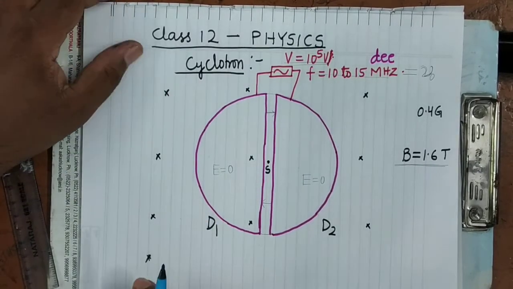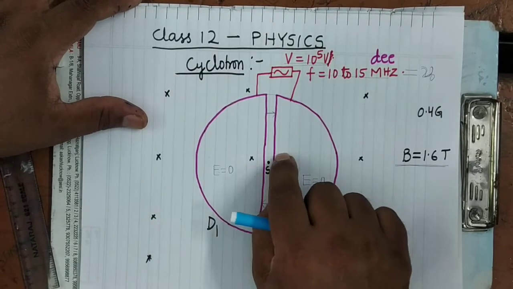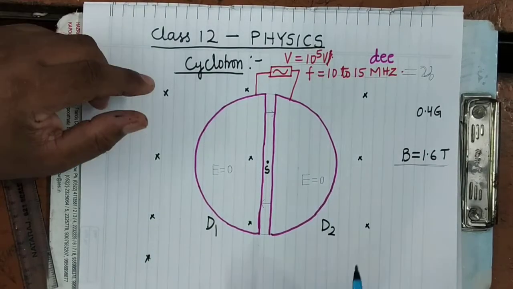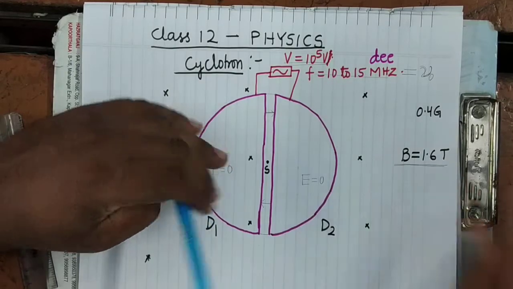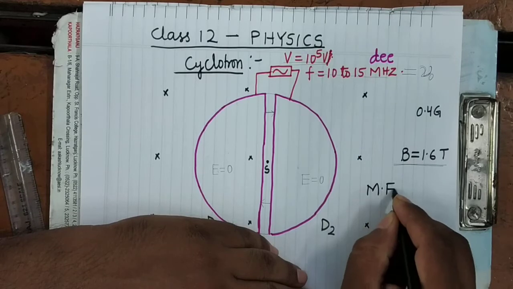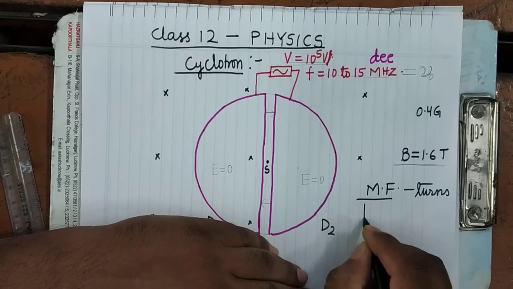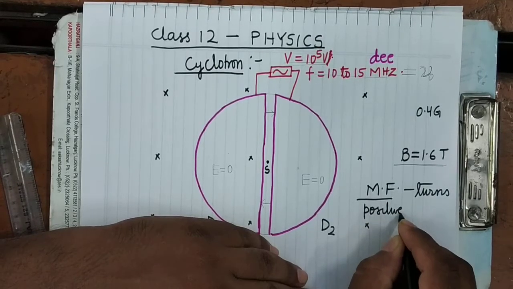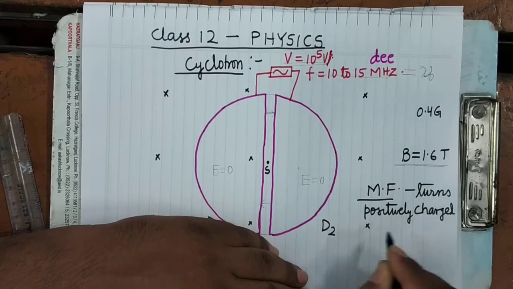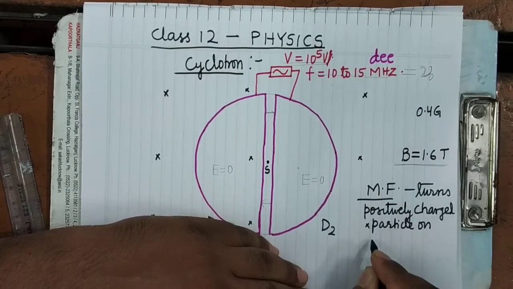What will be the role of magnetic field? Because of the magnetic field, since its motion is normal to the magnetic field, therefore it will turn on a circular path. Means what is the role of magnetic field? Magnetic field turns the positively charged particle on a circular path.